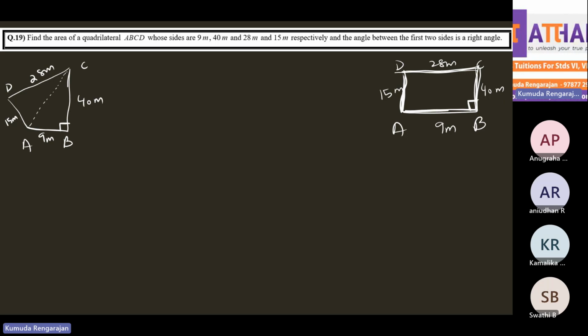In the result, AC square. This is a right triangle.